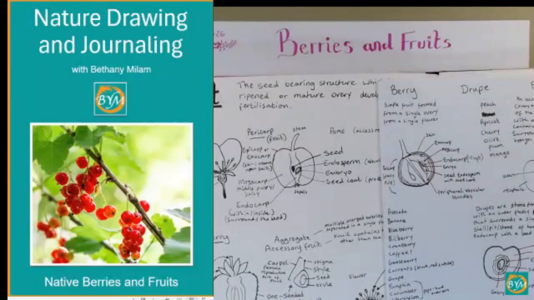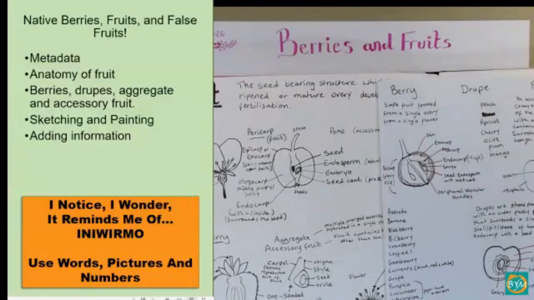What we are going to do is have a little bit of a look at berries, fruits, and I've added false fruits as well, so that we can have one of our favorites in there too. And we're going to look at fruit anatomy. What is a fruit?